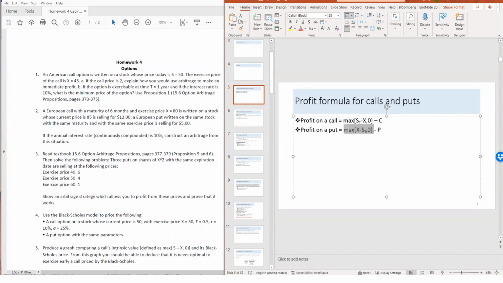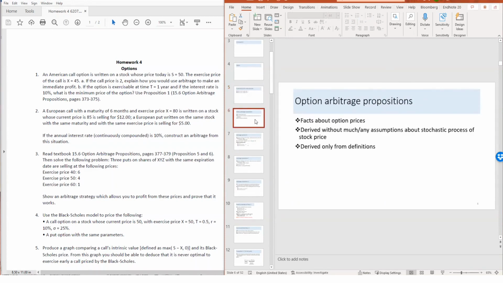So here, the first part represents the intrinsic value of put, and the second part here is minus P. P here stands for the option price for put. So you need to pay the price of P in order to buy a put contract. So we're going to use this profit function for call and put later. This will be a formula that will always be used for option calculation for the profit.